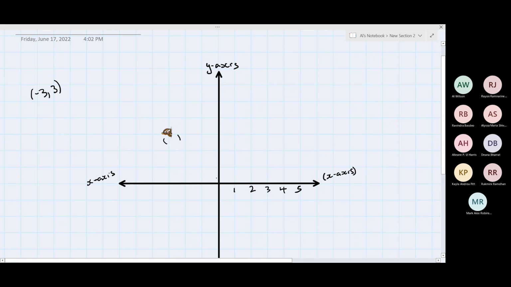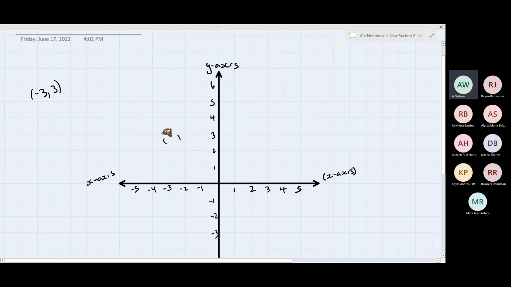So this is -1, -2, -3, -4, -5. This is 1, 2, 3, 4, 5, 6, -1, -2.